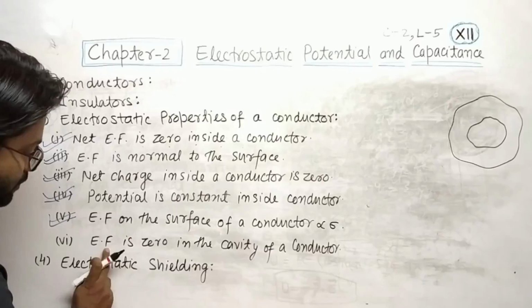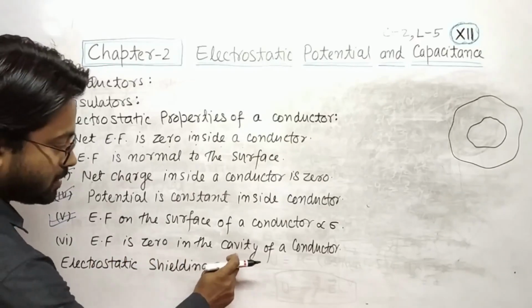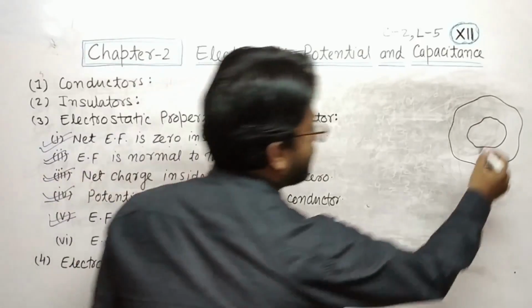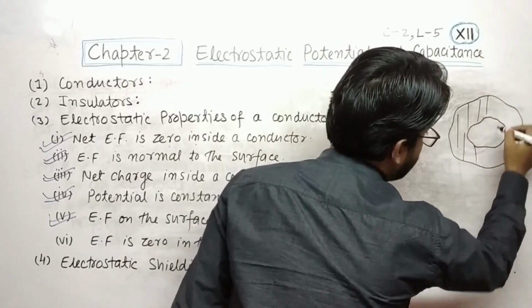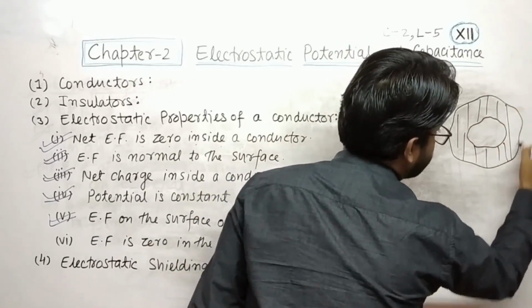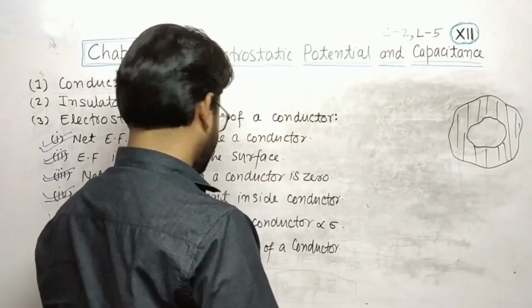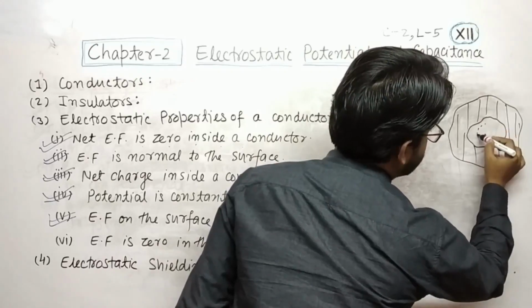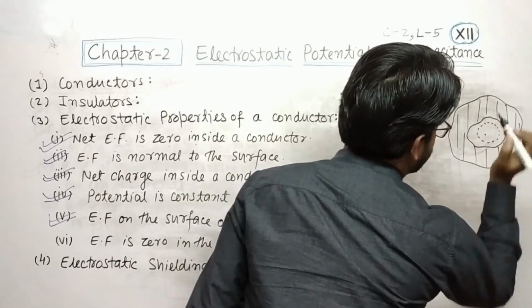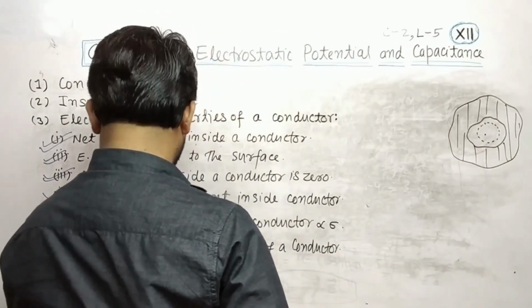Let us suppose this is the Gaussian surface.